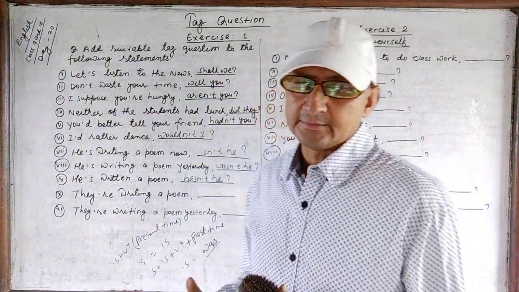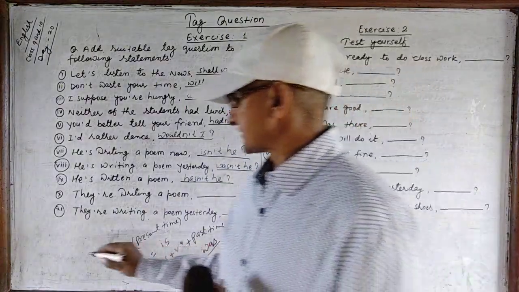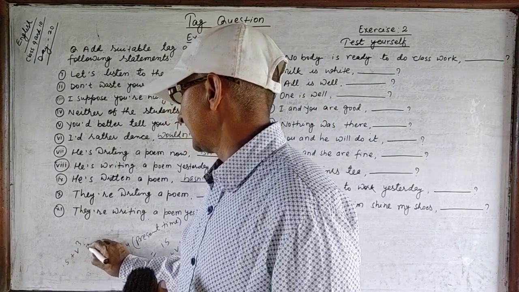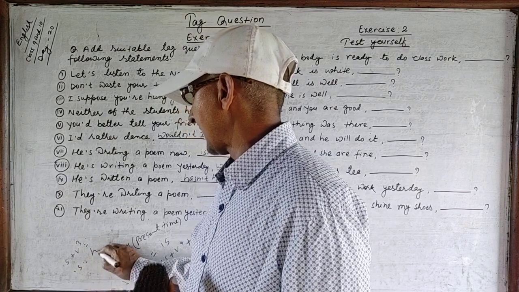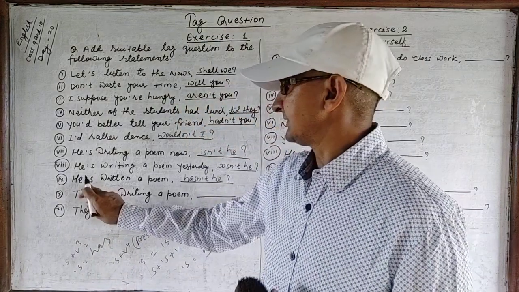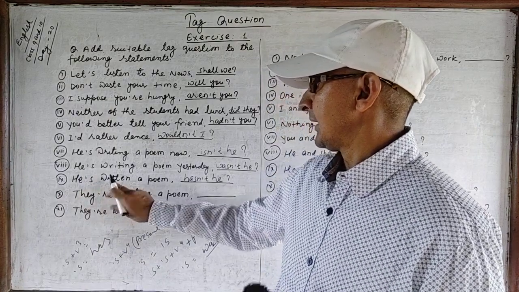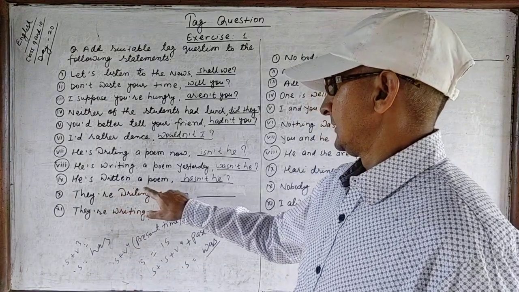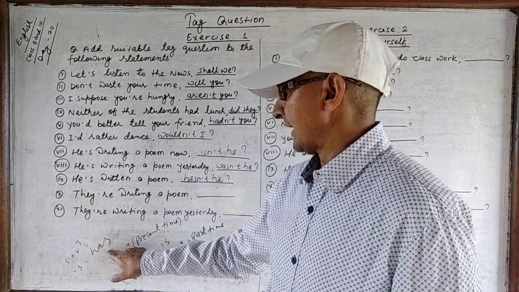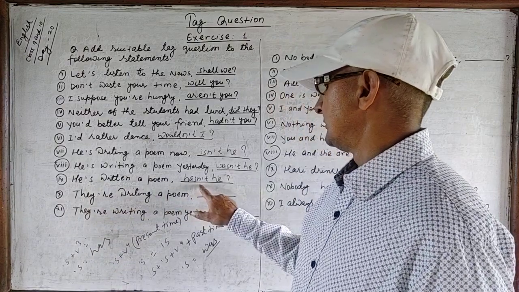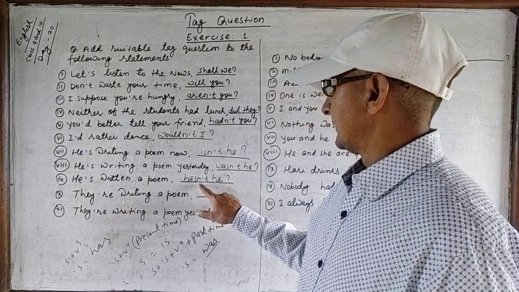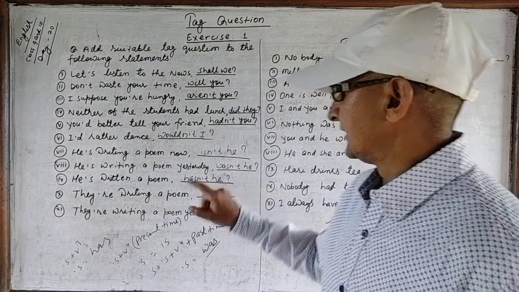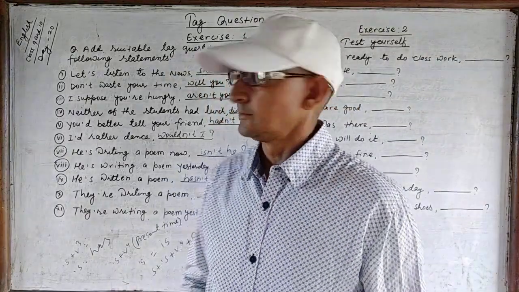If there is apostrophe s plus V3, the third form of the verb, this apostrophe s becomes has. So we use has to make the tag. So hasn't he is the tag of this statement.